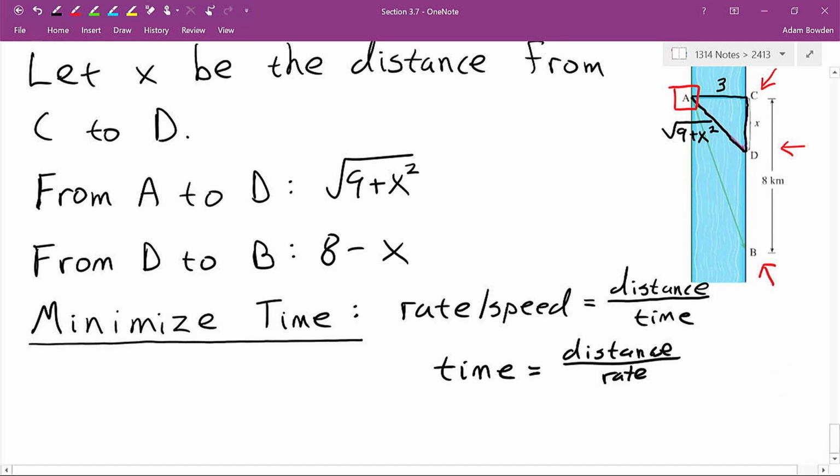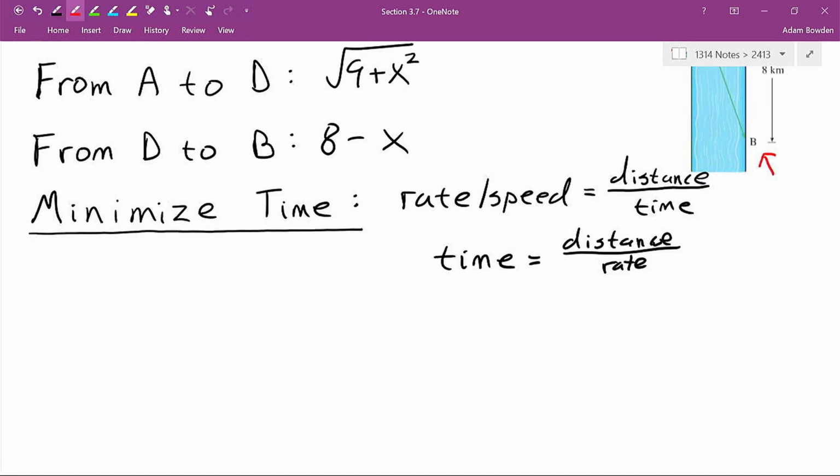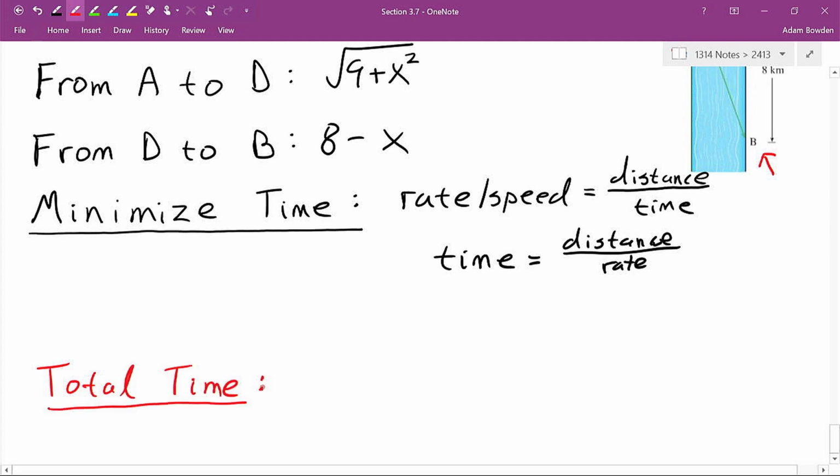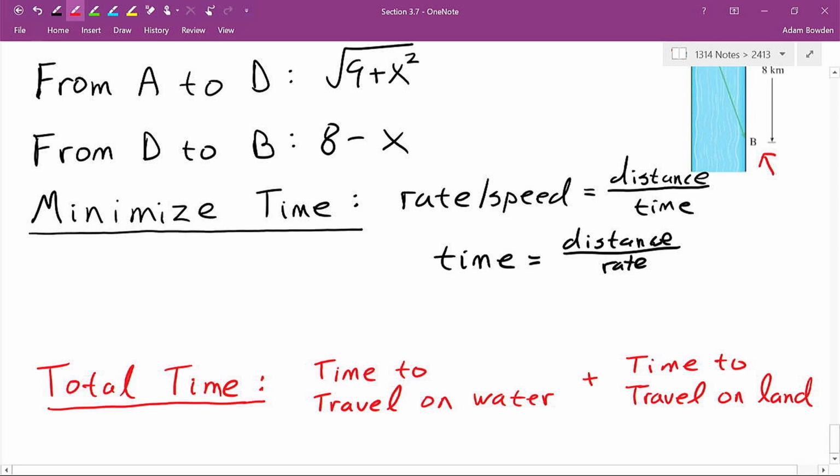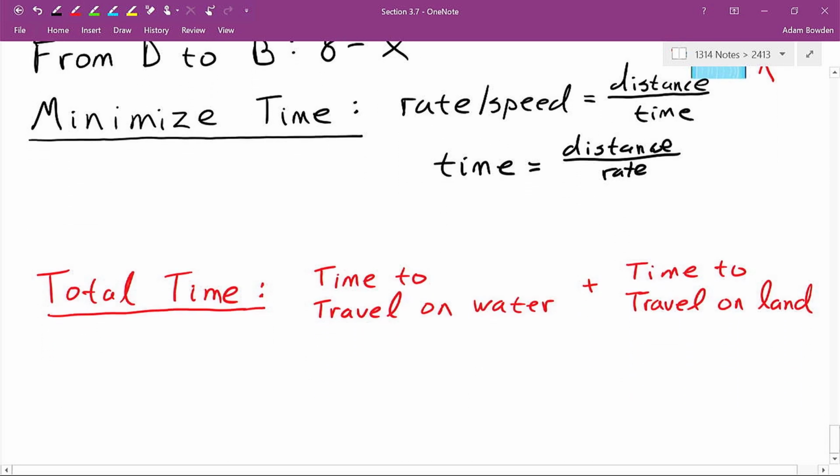So here's how we're going to set things up. The total time it takes is the sum of the time it takes to travel on water plus the time it takes to travel on land. And so using the notation and everything we have up above, we're going to call this a function called T of x for total time.